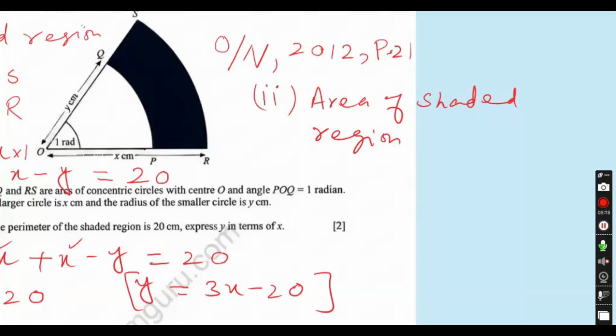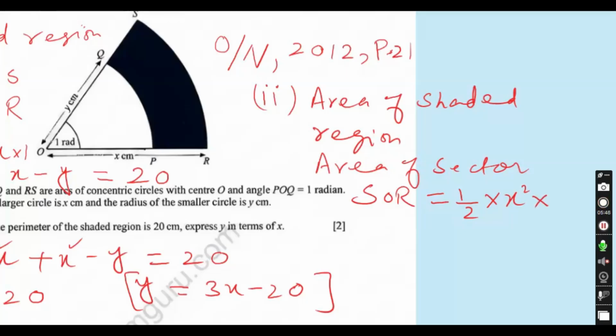So the area of the whole diagram represents the big sector, that is the area of sector SOR is equal to, what is the formula of the area of the sector? 1 upon 2 into radius square. The radius of the big sector is x square, multiplied by the angle theta, which is 1. Therefore, the area of the whole diagram is half x square.